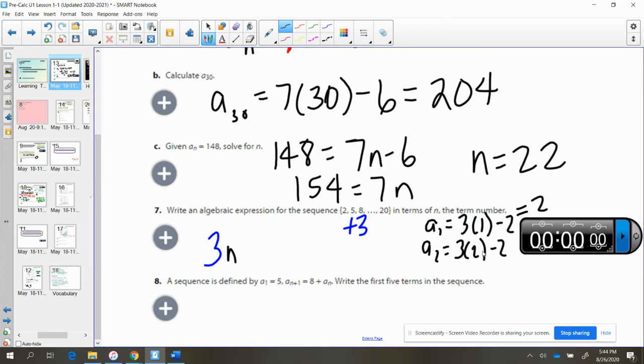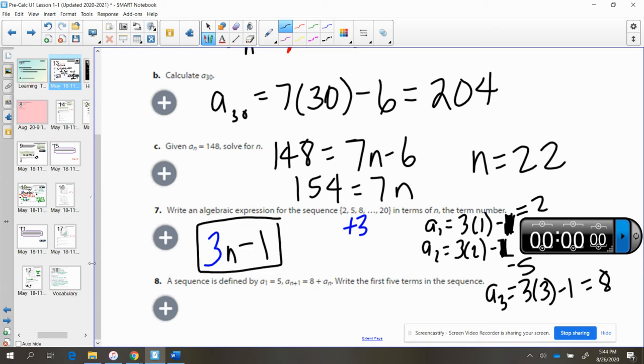Well, 3 times 2 minus 1 is 5. There we go. See, you catch your mistakes when you're doing that. And then finally, if you want to test it one last time, 3 times 3 is 9, minus 1 is 8. So we're getting that pattern there. So 3n minus 1 is our expression here.